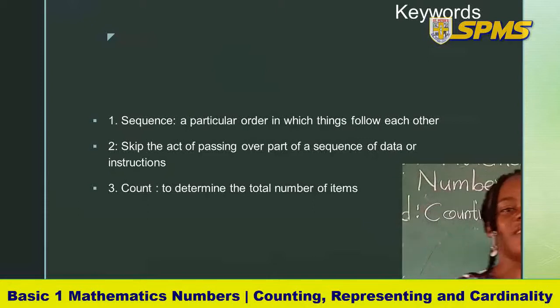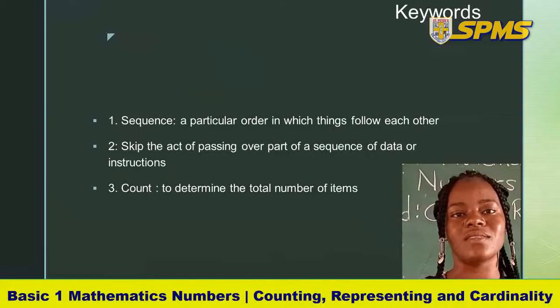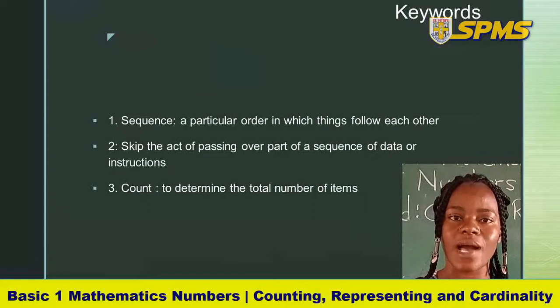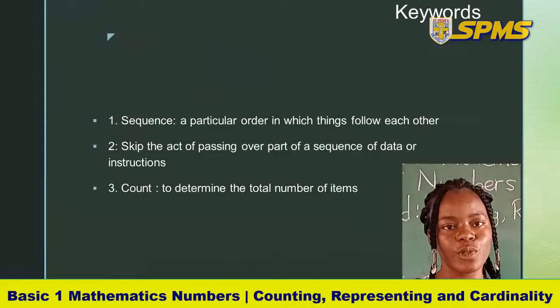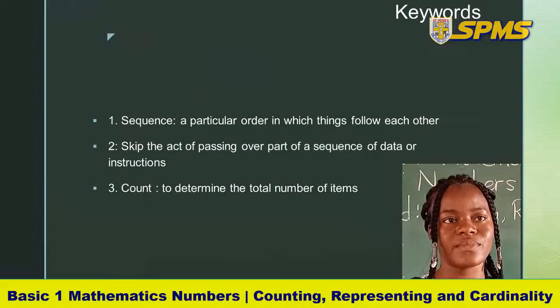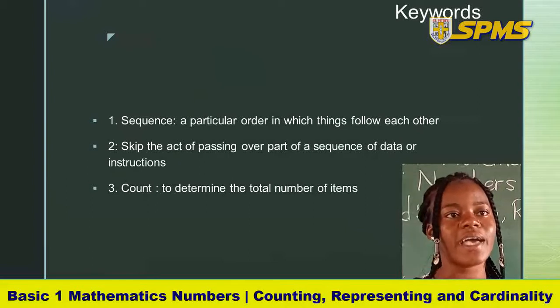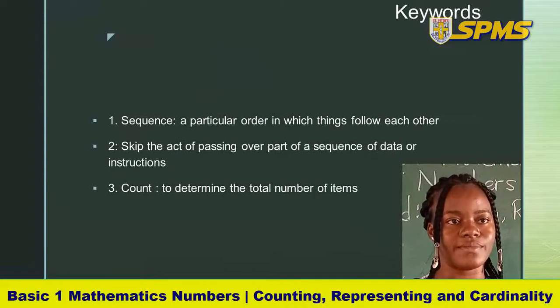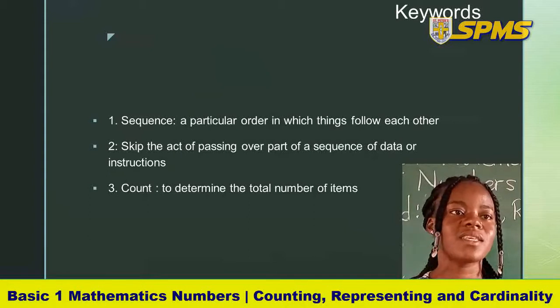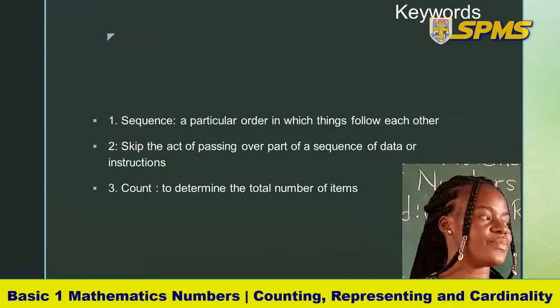Good. Now let's look at the definition for the following. When we say sequence, we are looking at a particular order in which things follow in order. The next keyword is skip.